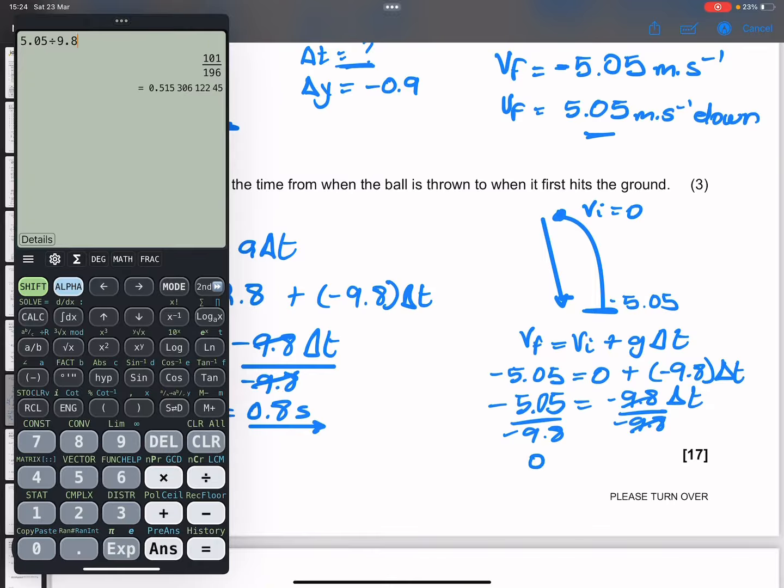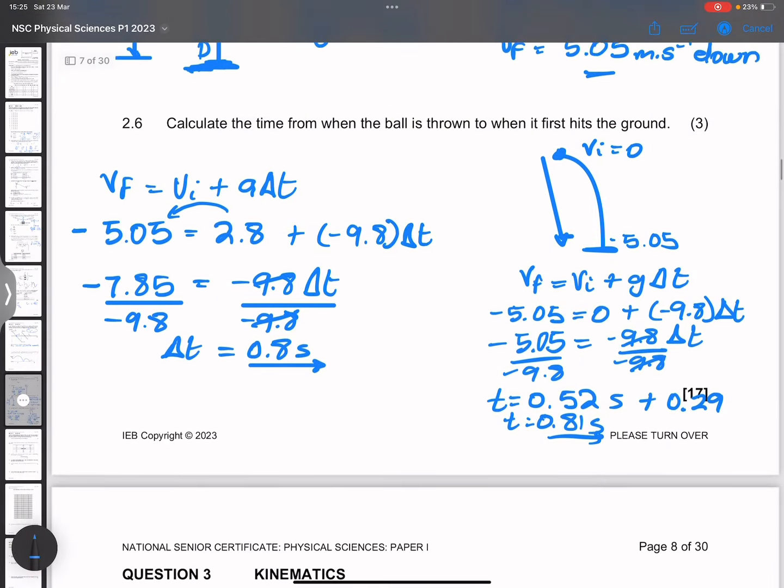Okay, so that time is 0.52 seconds. But remember, I still need to add this to the 0.29. So I add this to the 0.29 and you'll see I get the same time. Of course there'll be a slight difference there. It says 0.81 seconds, but I mean it's exactly the same thing, right?